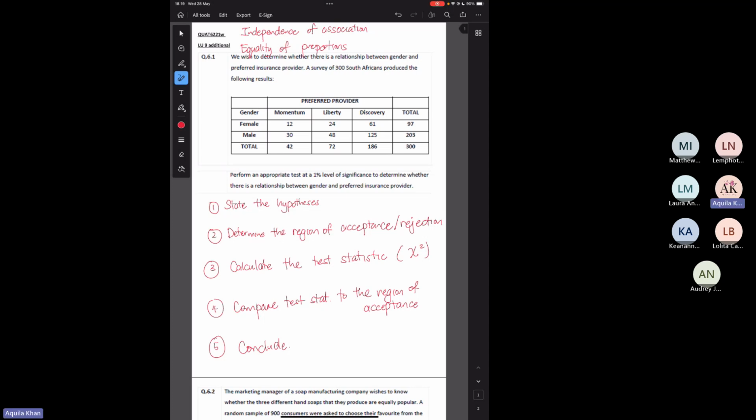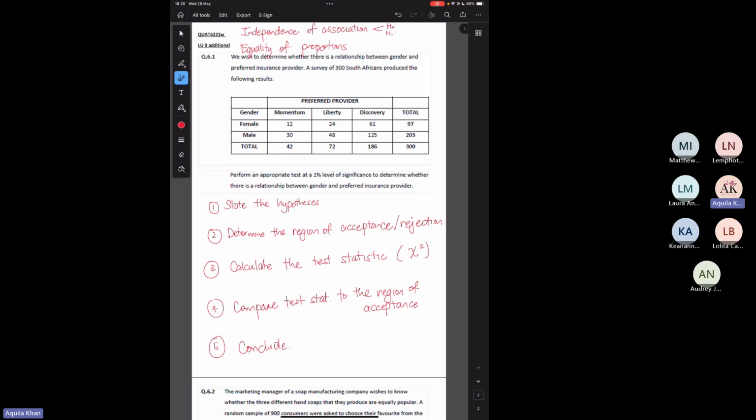So when we write out your null and alternate hypotheses, the lovely thing about this learning unit is that you do not need to use symbols. You will just write it out as a normal sentence. So when it's a test of independence of association, your null hypothesis, and I'm just going to write it at the top here because I want to be able to show you both the test of independence and equality.